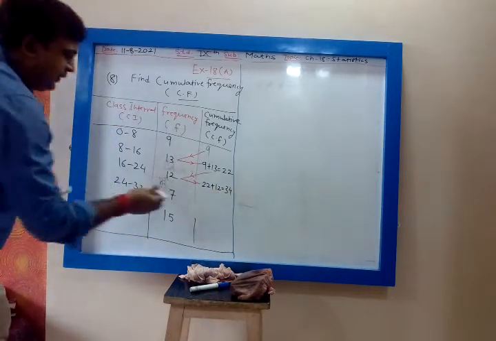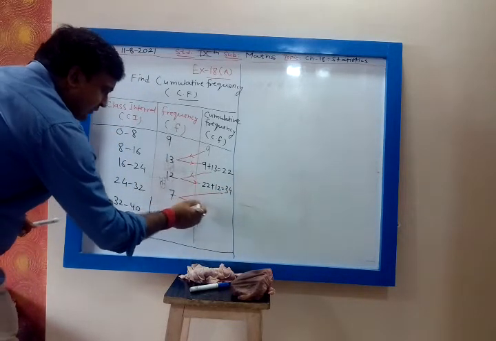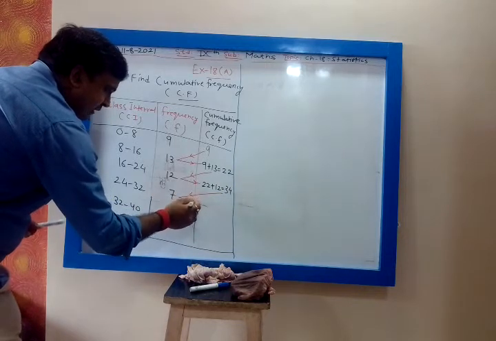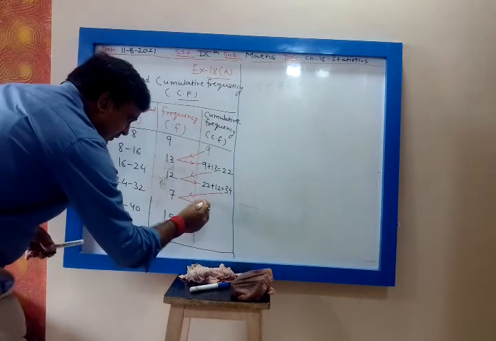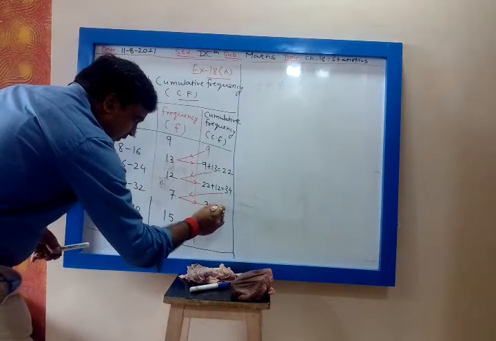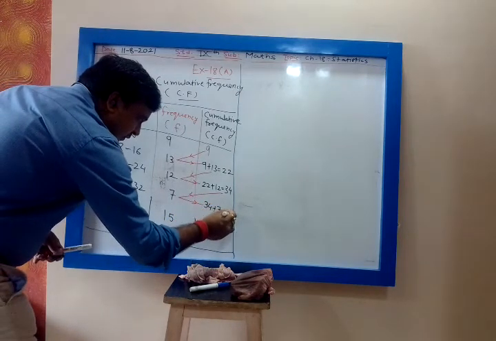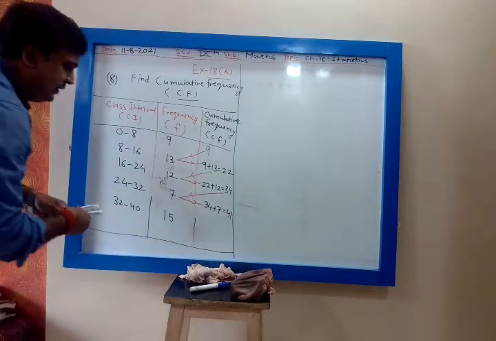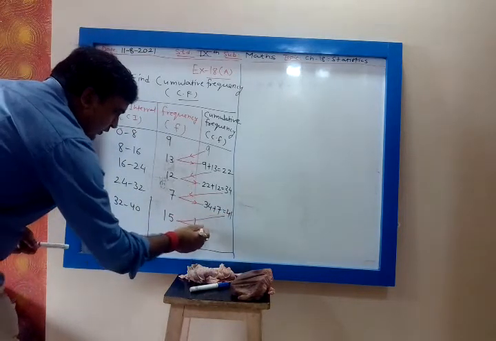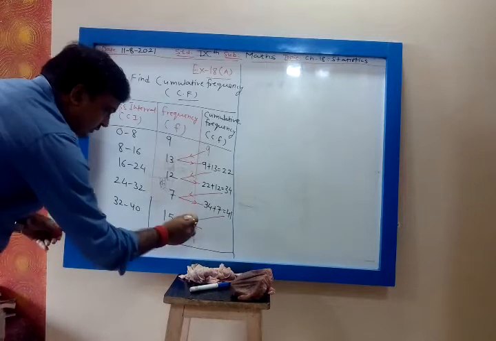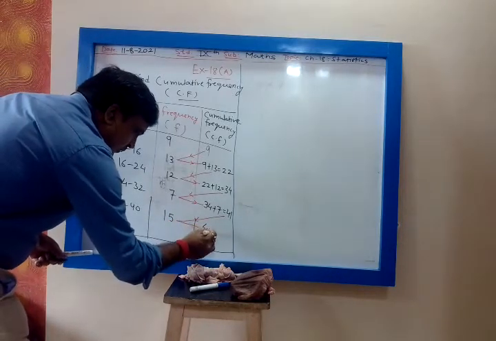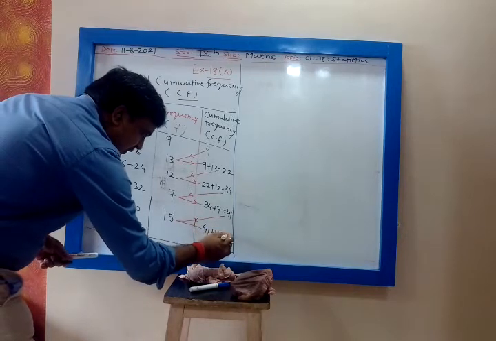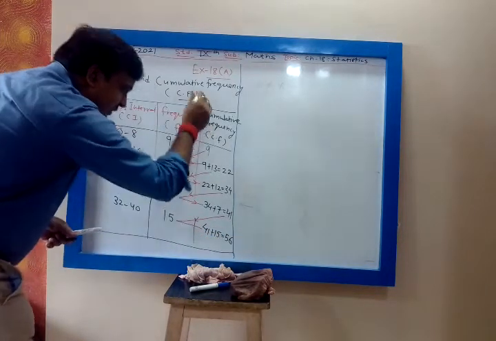Now to find the next one, add 34 and 7, that is 41. To find the next one, add 41 and 15. So 41 plus 15 is 56. And this is the table of CF.